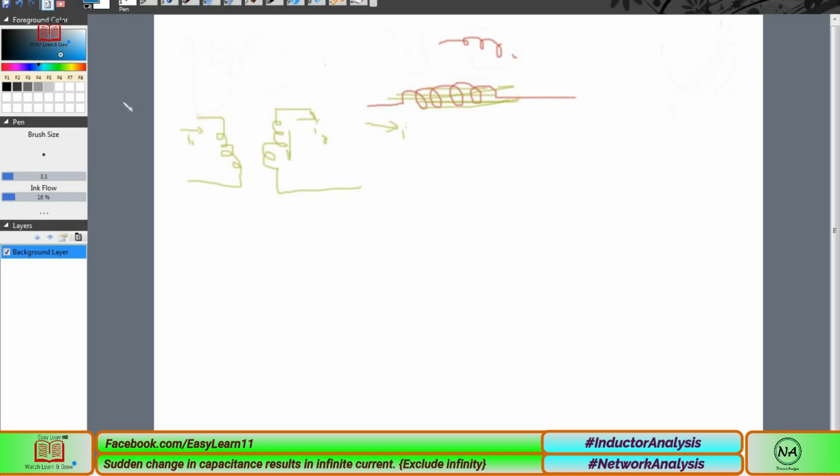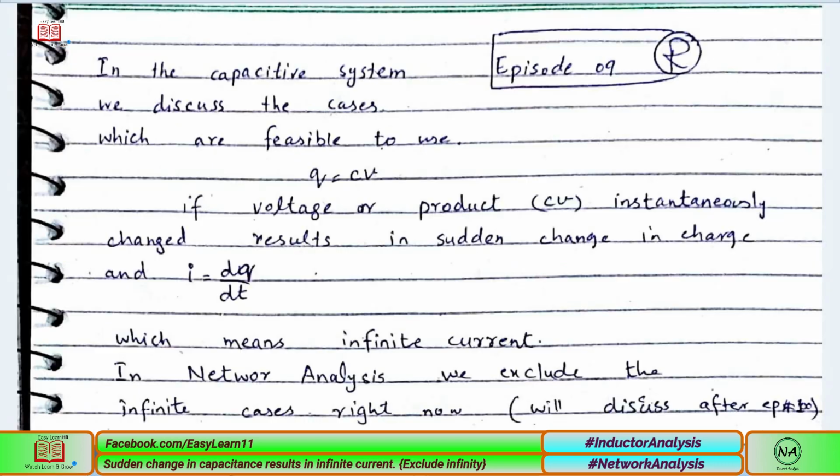Just to recap the concepts we discussed there, if we have a system where something is suddenly increased, this is not feasible. If the voltage is going on like this, as I'm drawing, this is fine. But if the voltage at a specific time suddenly increases in such a way that we call an impulse function, if you remember, this is exactly the word I used at that time.